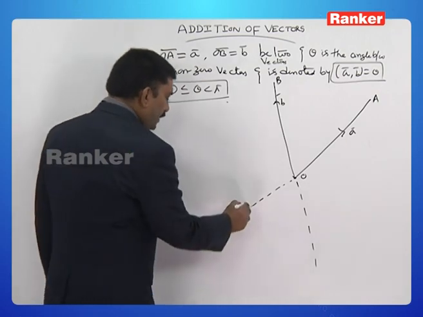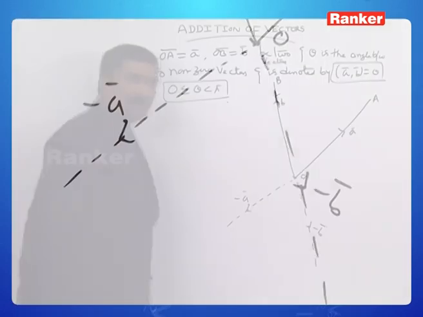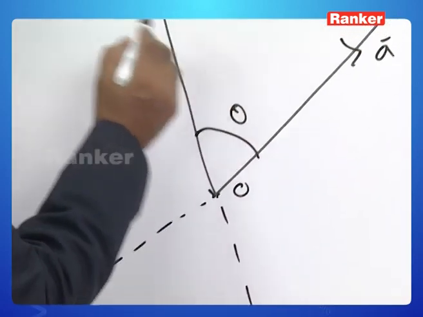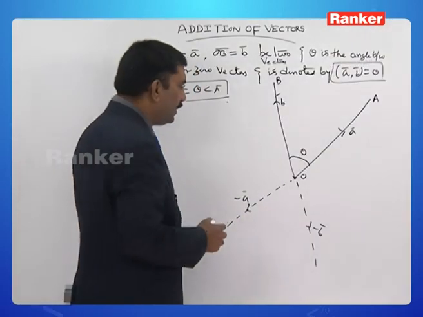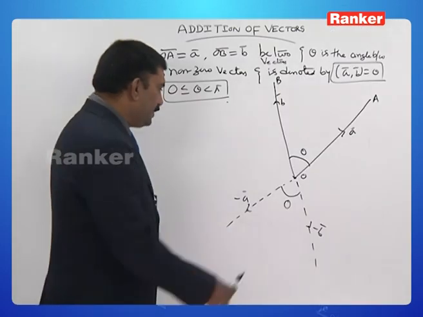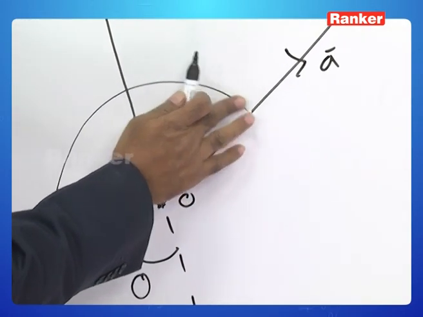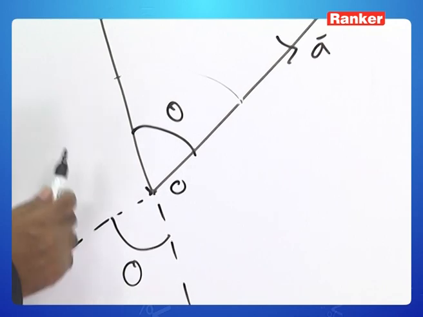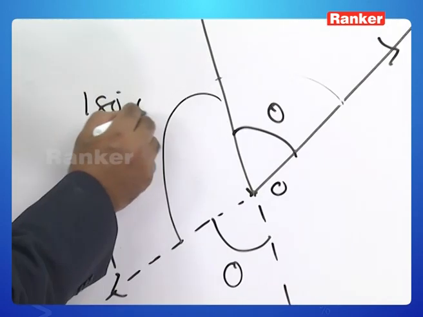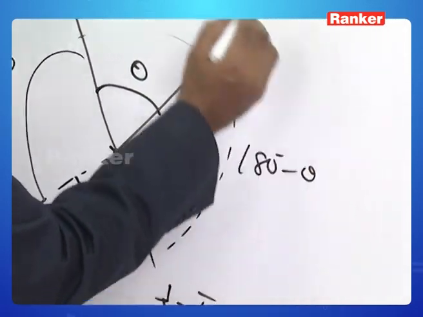Now this is minus A bar, this is minus B bar. If this is theta, this is also theta. As you know, the angle on a straight line is 180, correct or not? So this angle is 180 minus theta. Therefore, this is also 180 minus theta.